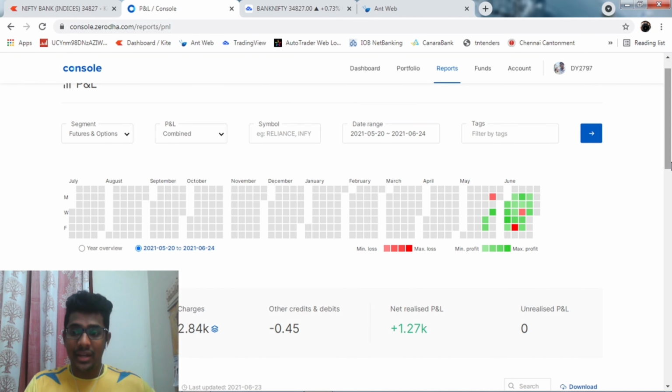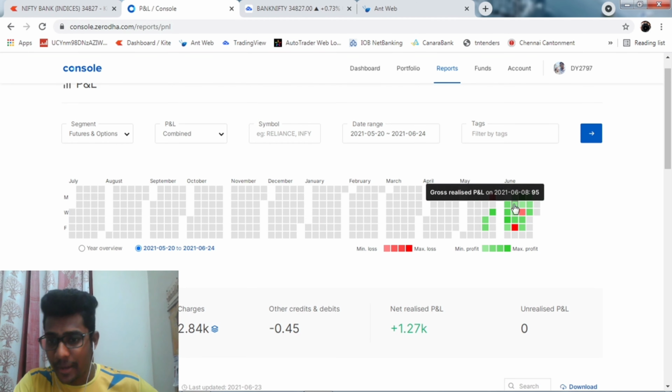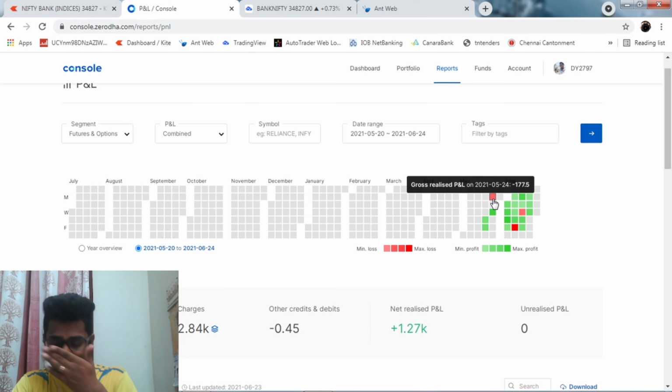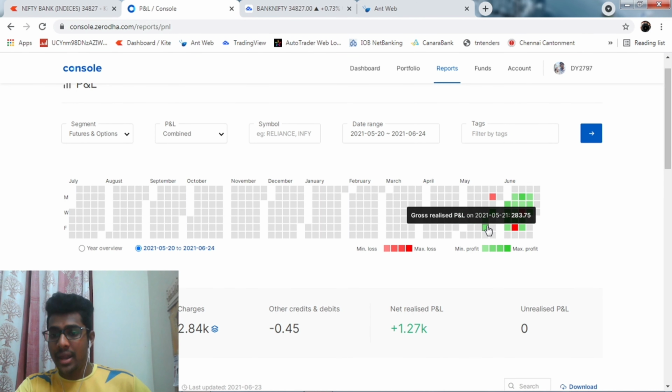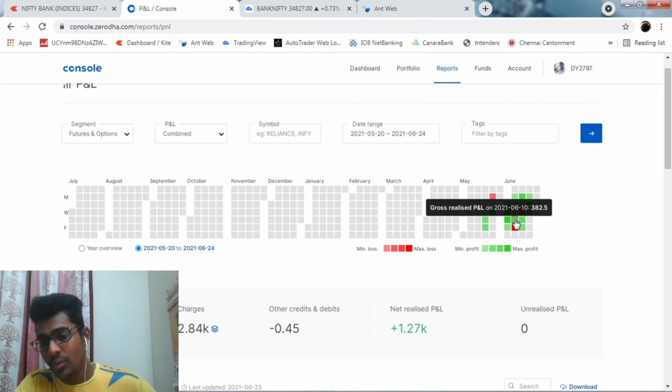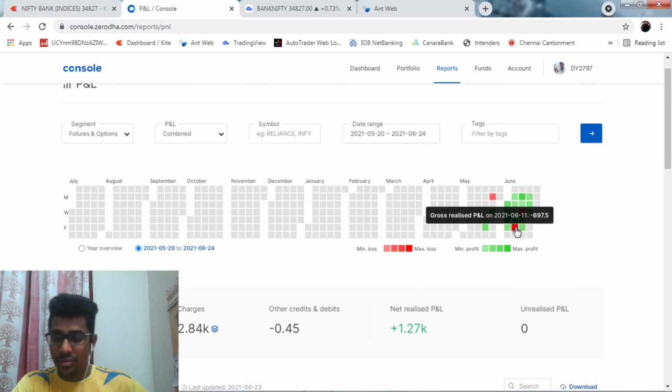Luckily, when I started, for the first 3 days I didn't have much losses. The third day I had like a 177 rupees loss, because I had made like 500 rupees the previous day. But the first 8 days I was on a winning streak, and then there was a big blow in my account, almost a 700 rupees loss.